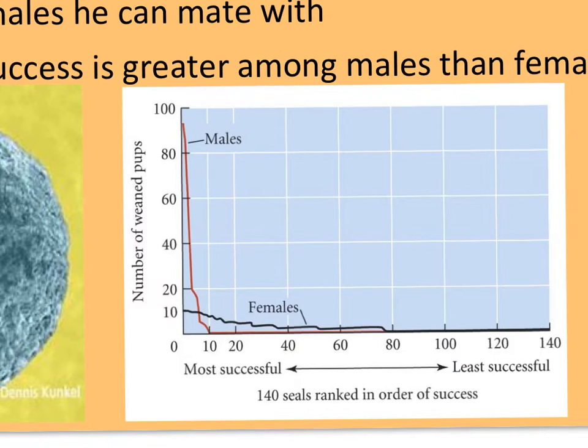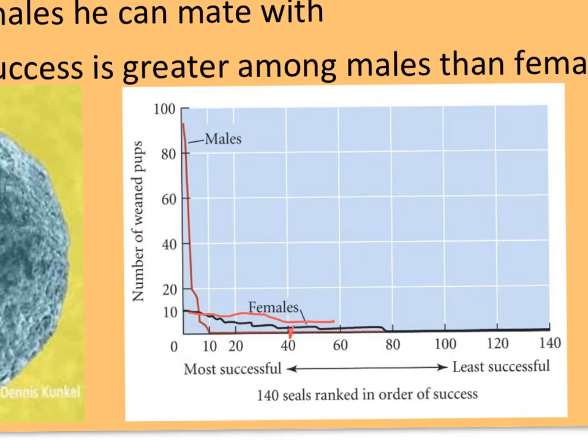It turns out females all have similar reproductive success, or they have different reproductive success, but they're limited in how much reproductive success they actually have.